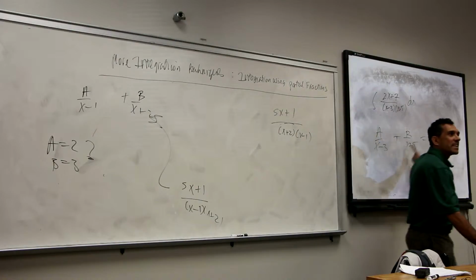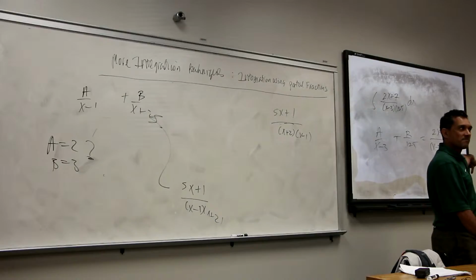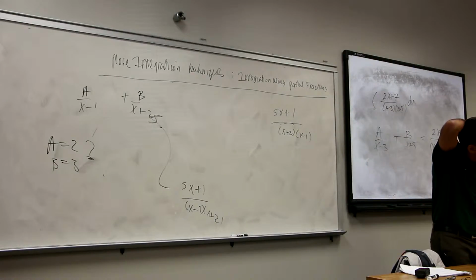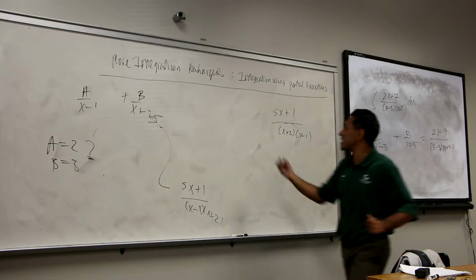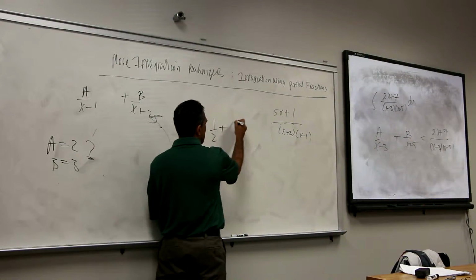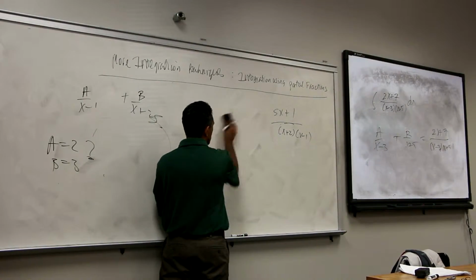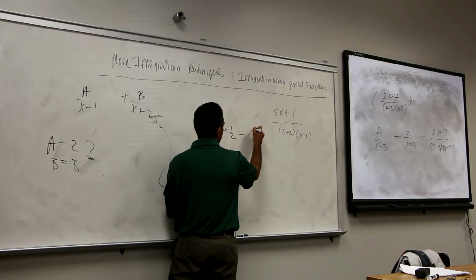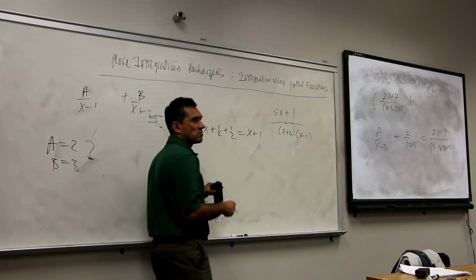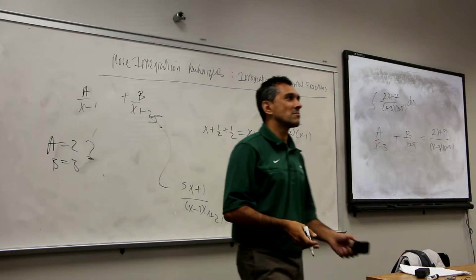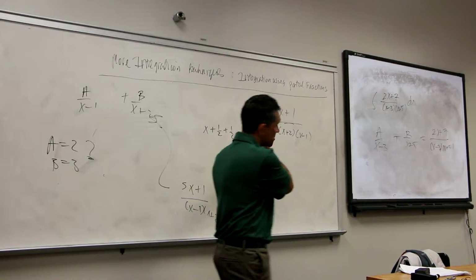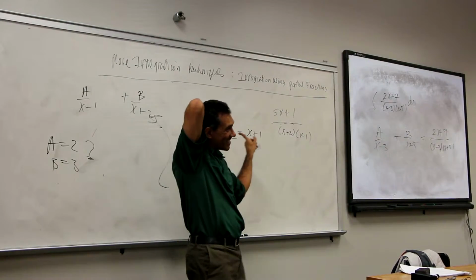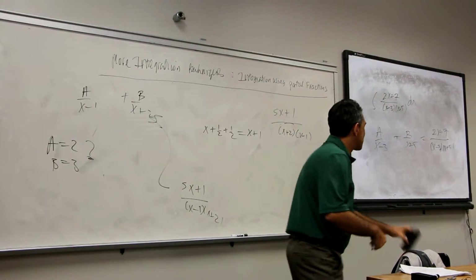Which is to say, this is the same as this. That is to say, you can hold your ear like this, or you can hold your ear like this. This is not an equation. It's called an identity.